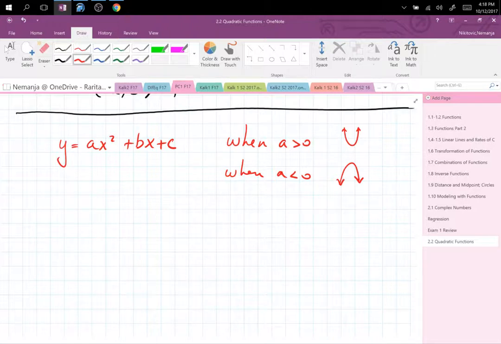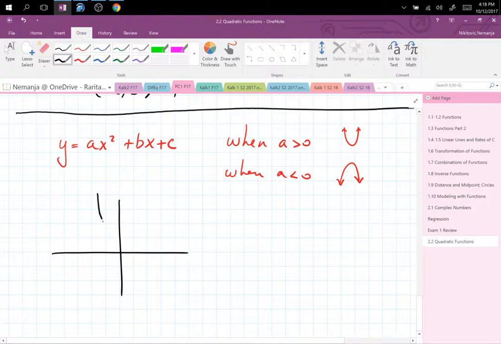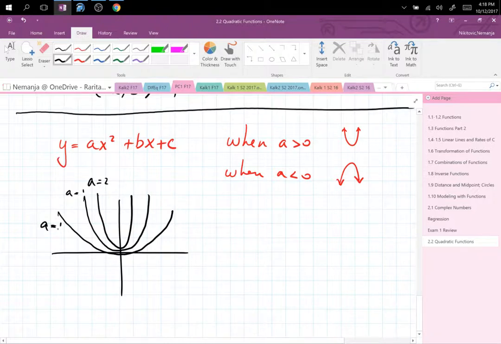Yeah, straight line. It's a straight line. Look. What happens here is this is a certain value for a. Let's say a is equal to 2. And then a is equal to 1. And then a is equal to 1/2. You're supposed to know this from 1.6.